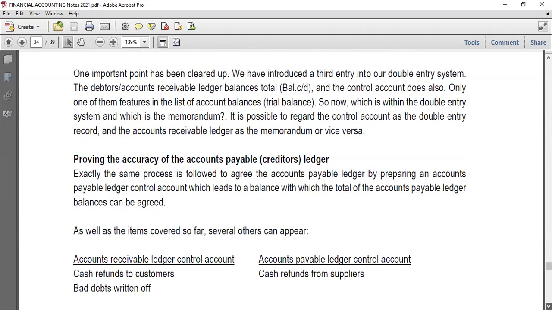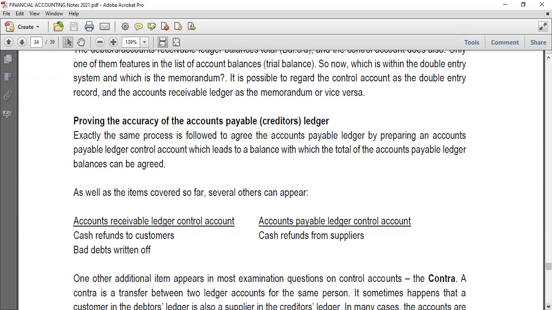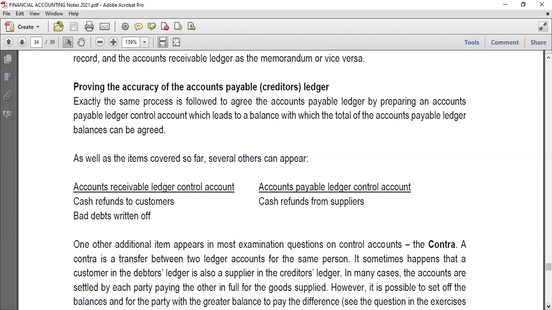So we have something very similar when it comes to the creditors control account, okay? We have a very similar process when it comes to the accounts payable. So we also have items that, of course, are included within our accounts payable ledger account, okay?